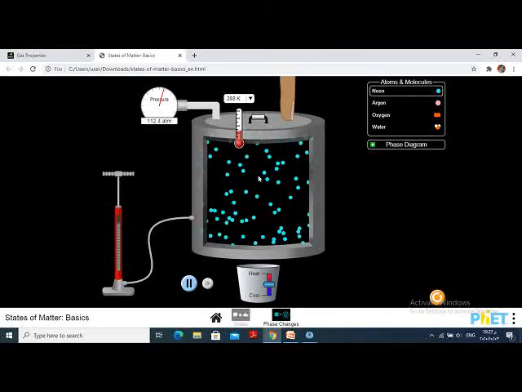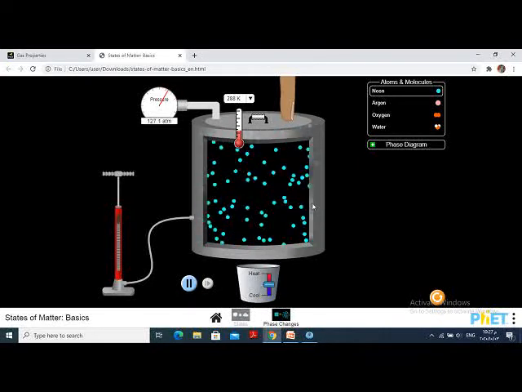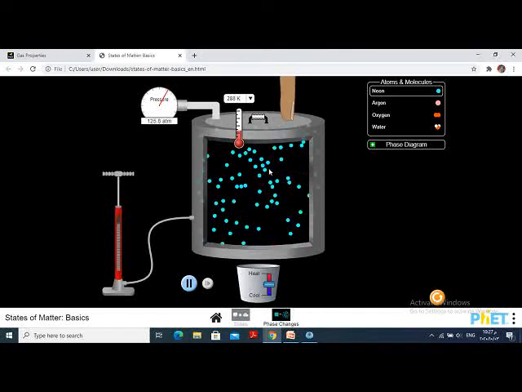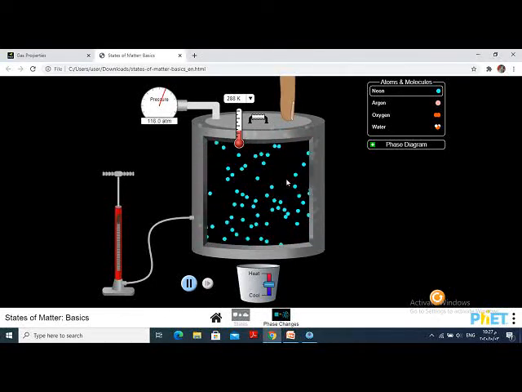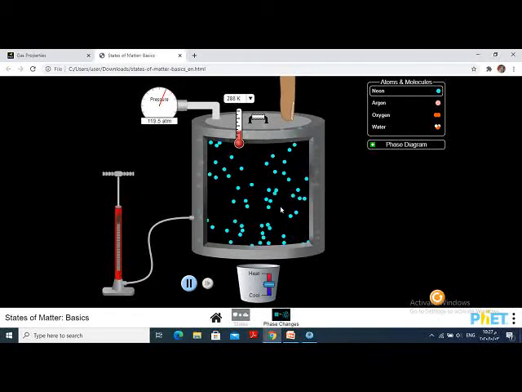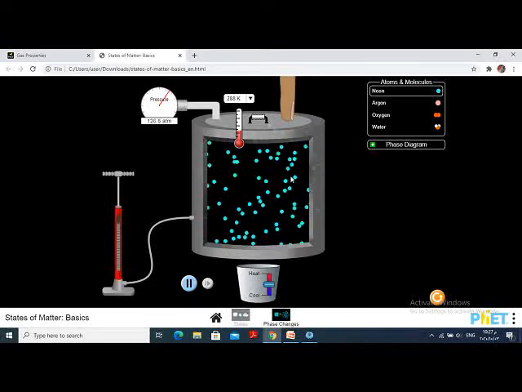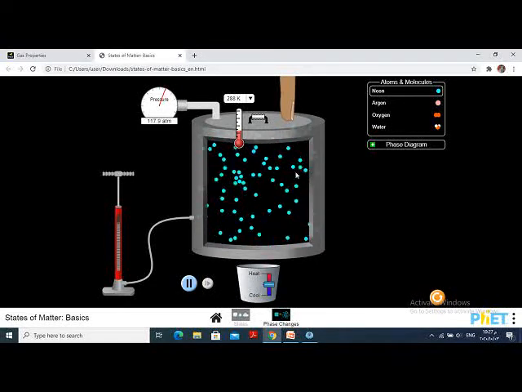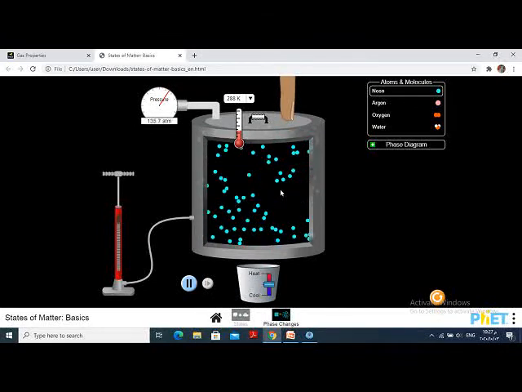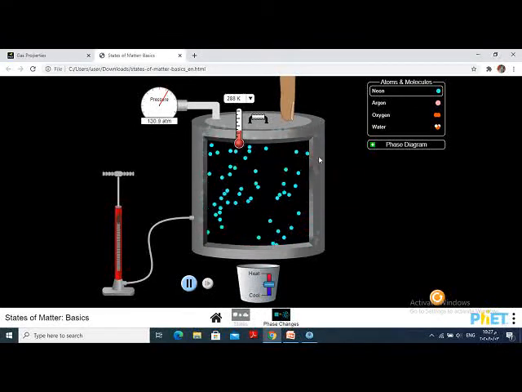So if you look here, these particles collide with each other and collide with the wall of this container.